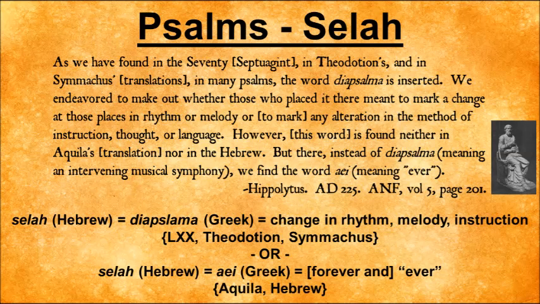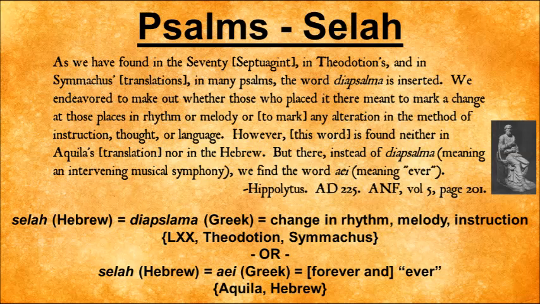Hippolytus noticed the following about the use of Selah in the Psalms. Some Old Testament translations had Selah, while other translations had ever, as in forever and ever. "As we have found in the 70, in Theodotion's, and in Symmachus translations, in many psalms the word diasalma is inserted.